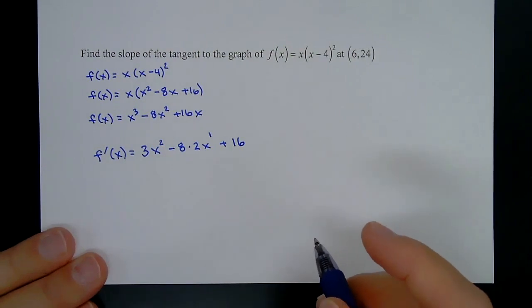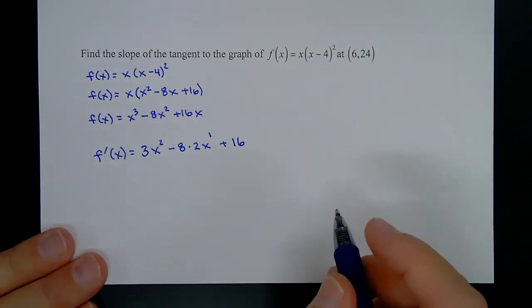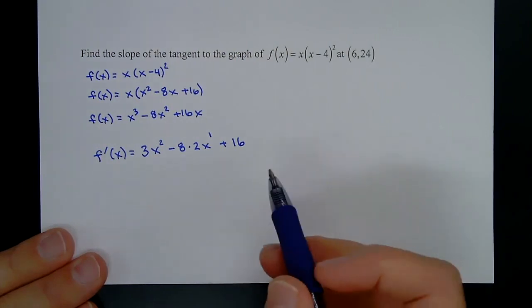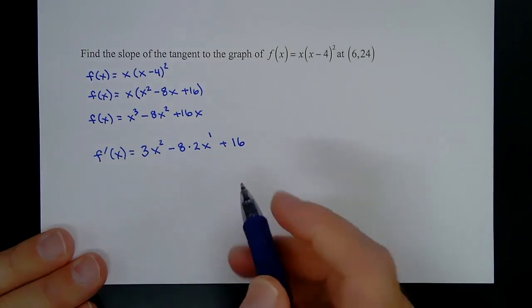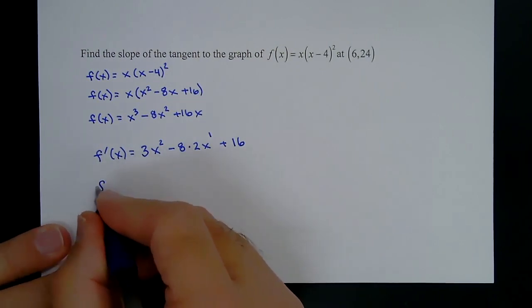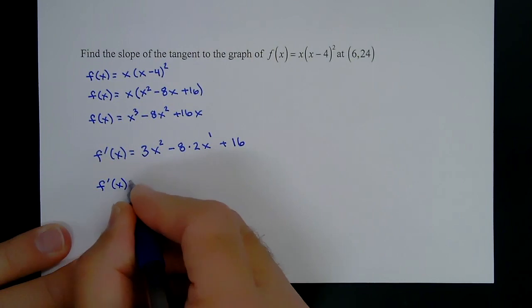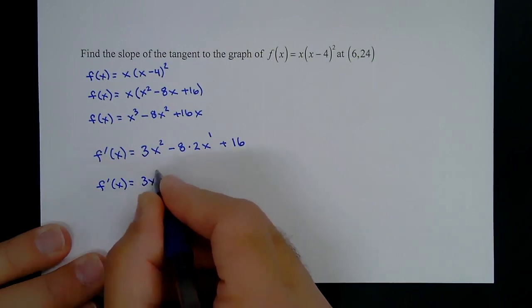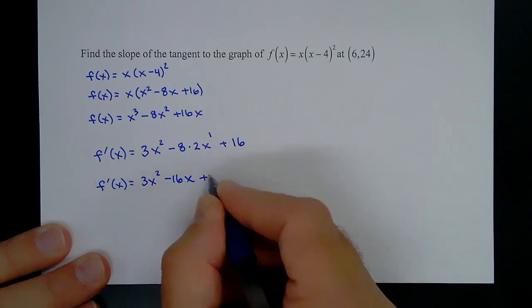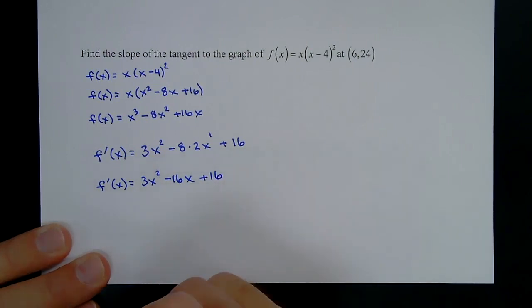I'm sorry, x to the 0 is not 0. X to the 0 is 1, and that's why I'm not going to write x to the 0. Sorry about that. So f prime of x cleaned up becomes 3x squared minus 16x plus 16.